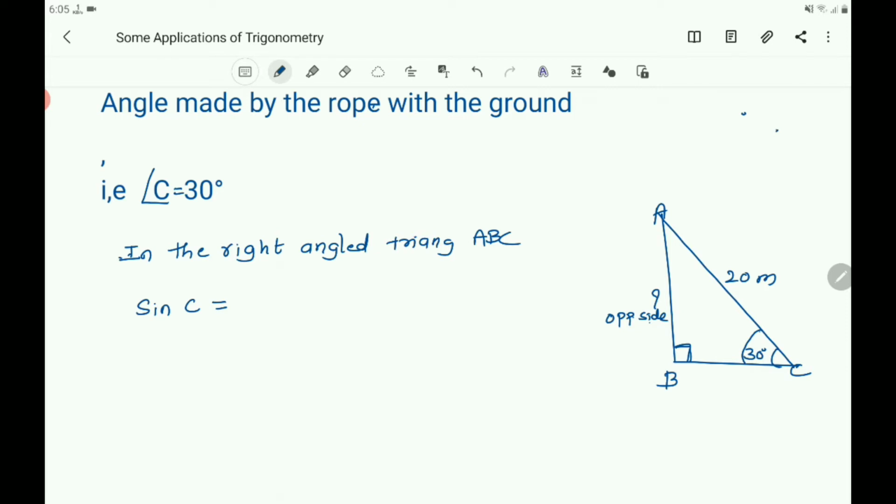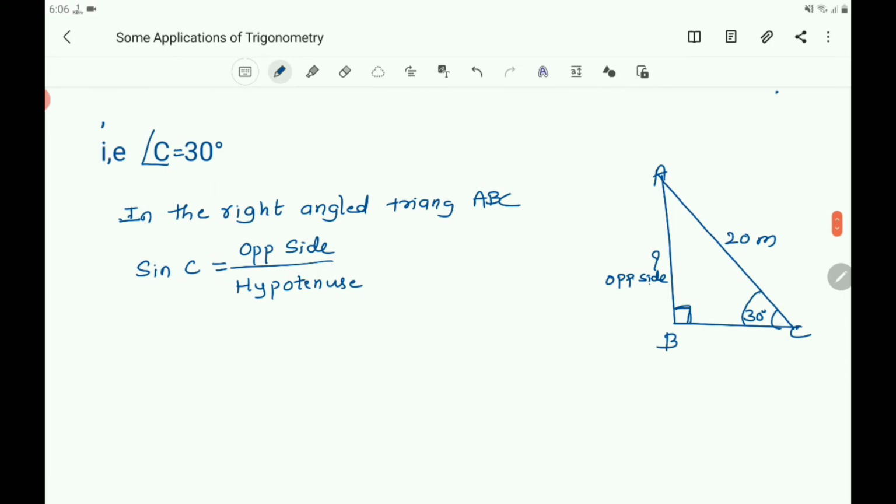Sin C equals opposite side by hypotenuse, O by H. What is the measurement of the angle C? That is 30 degree. So you write C is 30 degree.